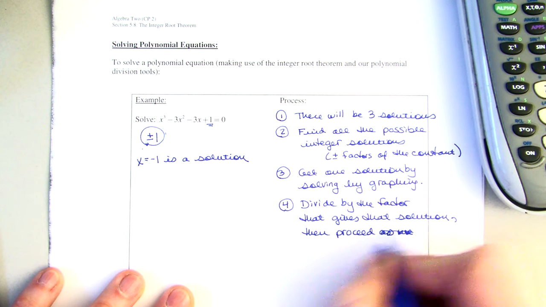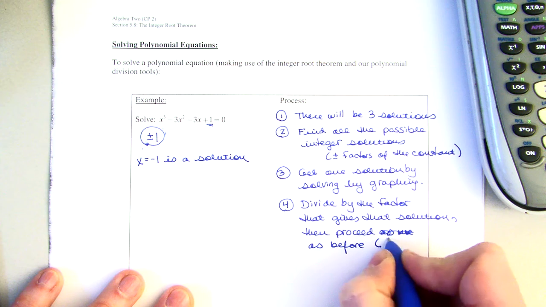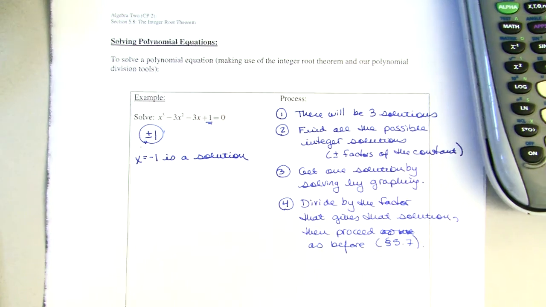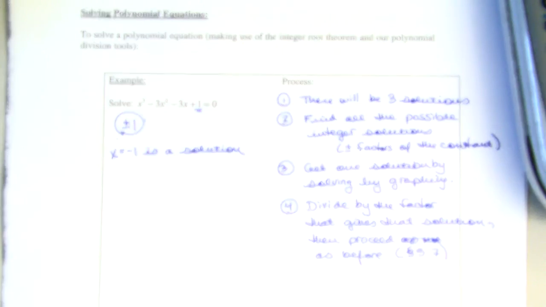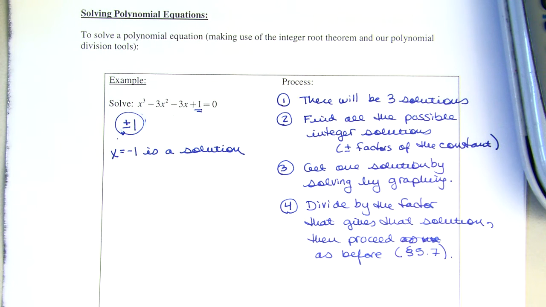How about proceed as before? And by before, I mean in section 5.7. So I'm going to go divide by the factor that gives that solution. Wait till it focuses. Then I'll do what I did yesterday, where I gave you a solution and you found the other ones.